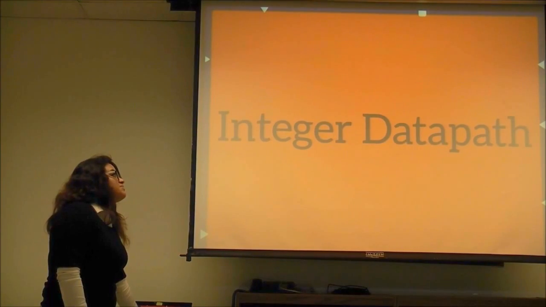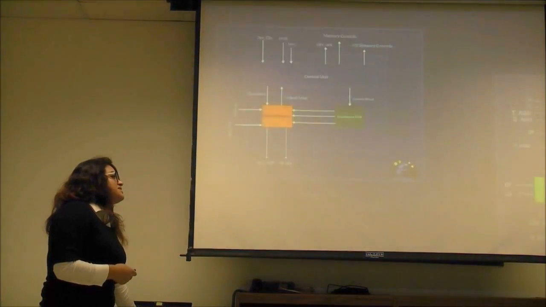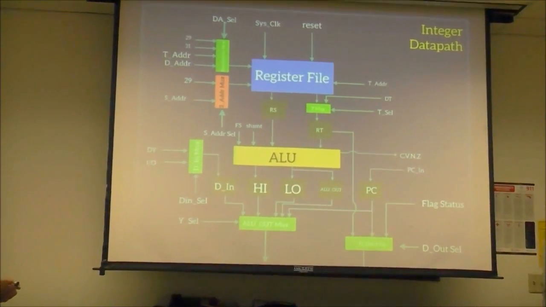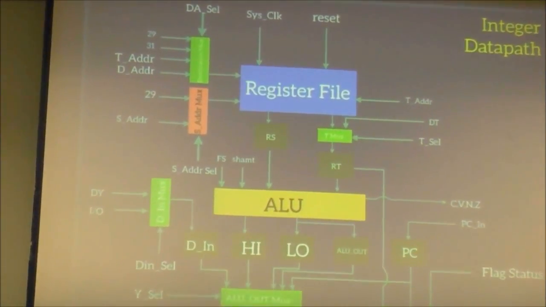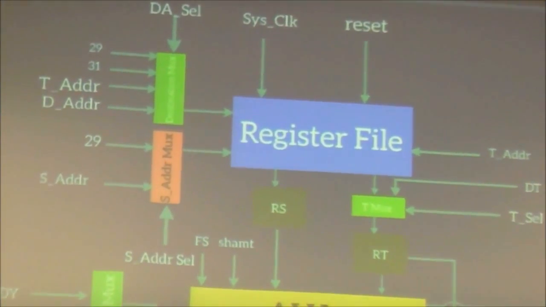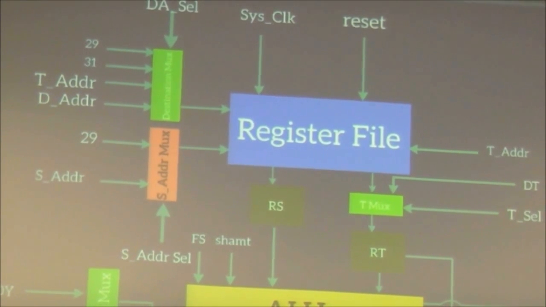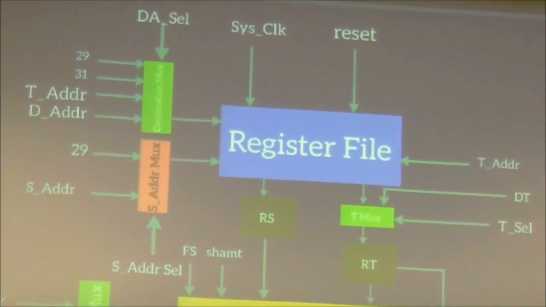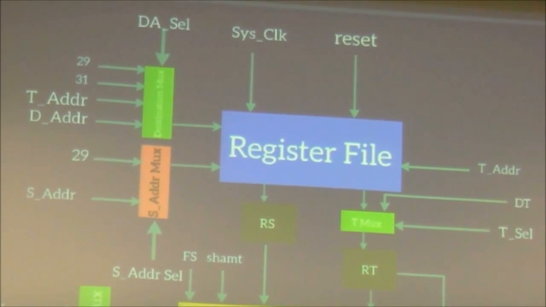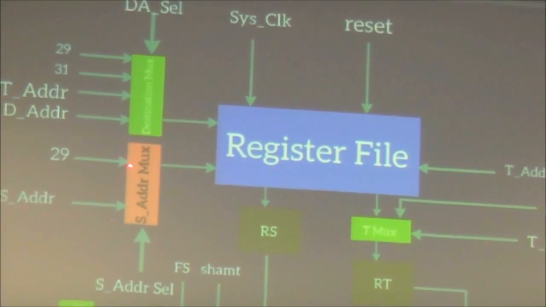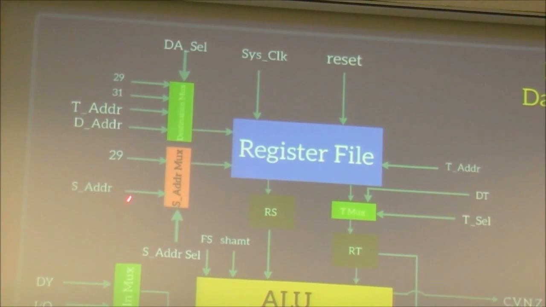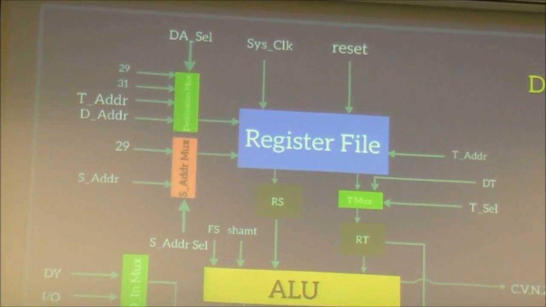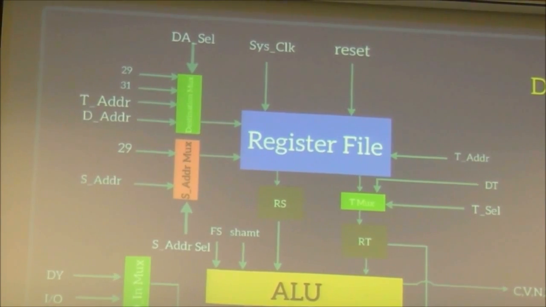Now we'll look closer into what's inside of the integer data path. This is an overall schematic of what exactly is going on in the integer data path, and what was added to make our new Horizon processor work. We decided to add an extra address mux in front of the register file, specifying this as a stack pointer, because one of the baseline enhanced instructions is a return.